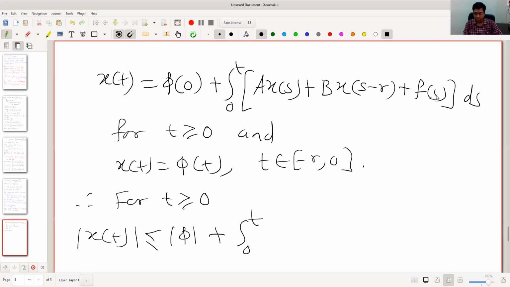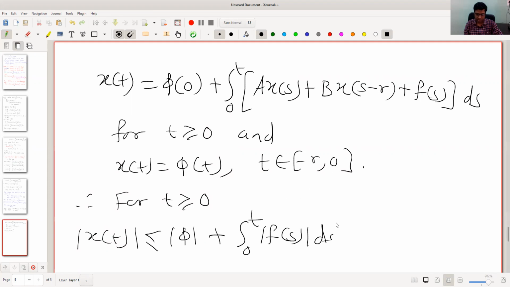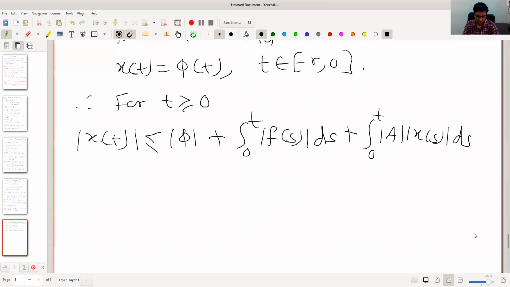First we take the term f of s, so the modulus of f of s ds, then next is plus the integral from 0 to t of the modulus of a times the modulus of x of s ds, and the third term is plus the integral from 0 to t of the modulus of b times the modulus of x of s minus r ds. We call this as 2.